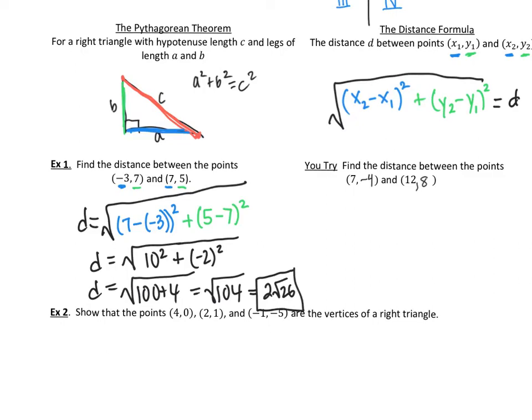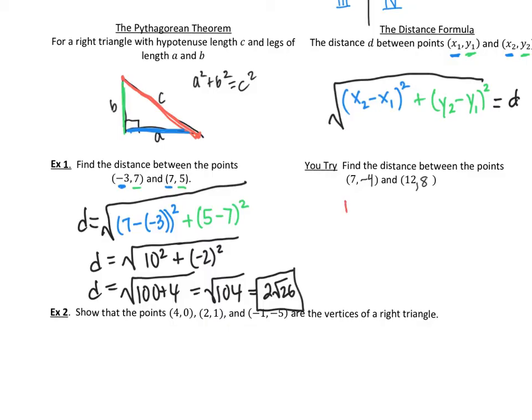Okay, go ahead and find the "Try" problem. It says find the distance between the points (7, -4) and (12, 8). Pause your video while you do it, and then I'll give you the answer after so you can check. Okay, for my final answer, I got the distance to be 13.